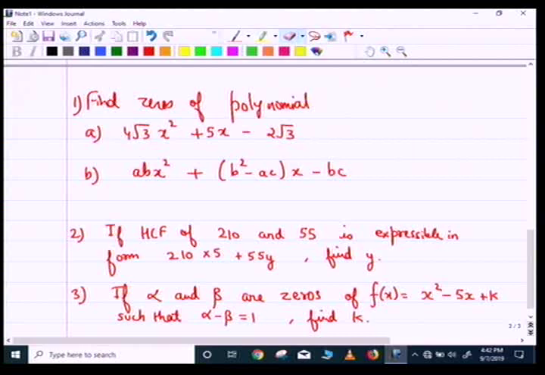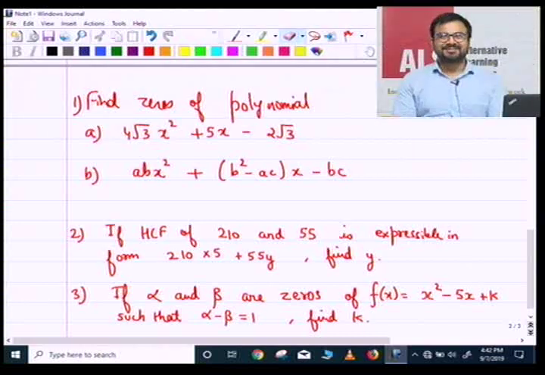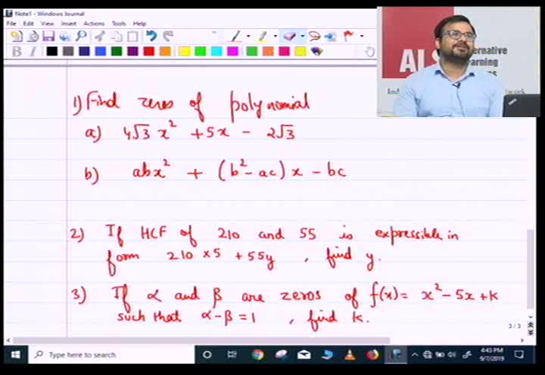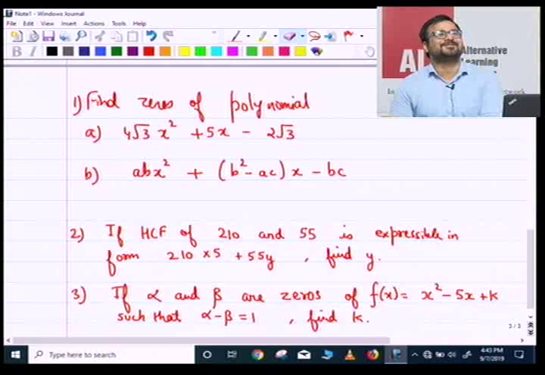Yes, I am seeing your class for the first time because earlier there was no camera in your class. This is the first time I am watching your class. Why are you going here and there? No, I was talking about Kohima.